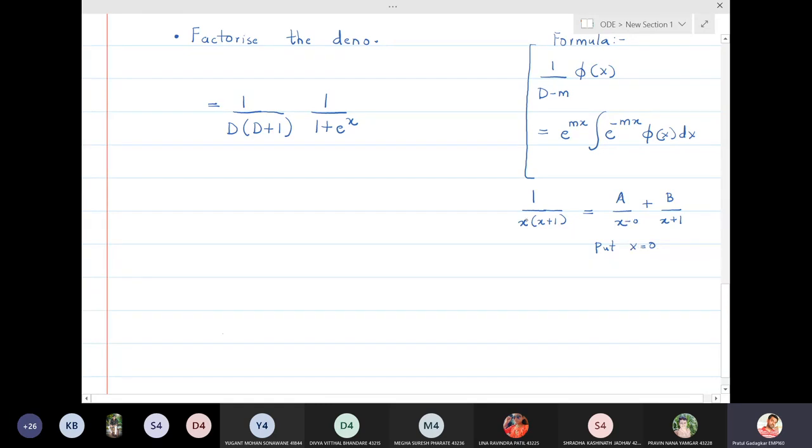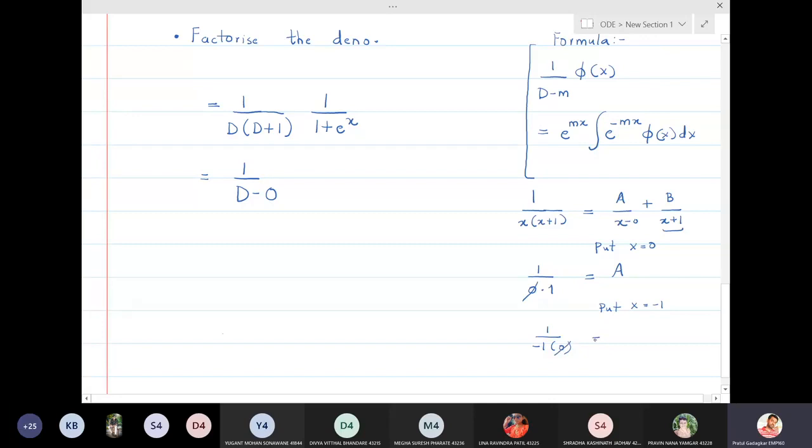Put x equal to 0. When I put x equal to 0, this will go away. I will not write a 0 in the denominator and I will get a 1 here. Right? And I'll get the value of A. So the value of A is 1. If I put x equal to minus 1, I will get 1 upon minus 1 into 0.